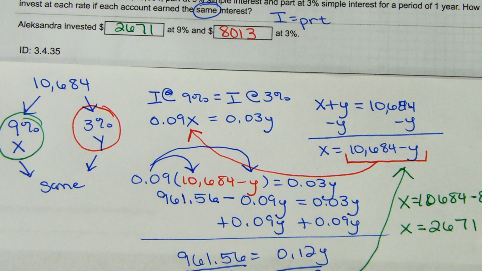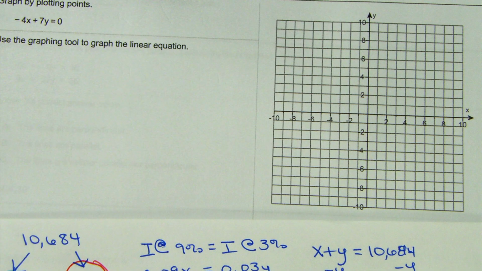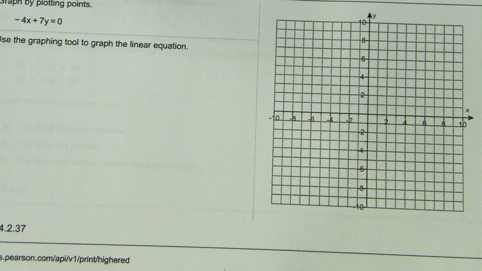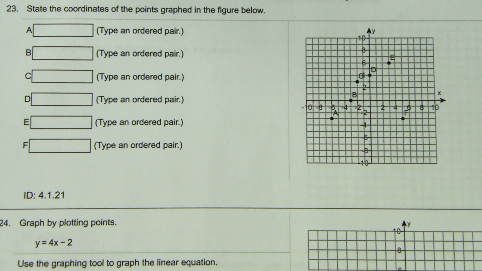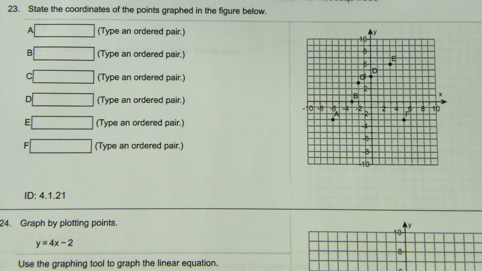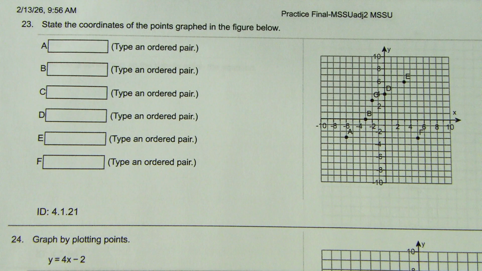You can use the tables from the problems that we did back in chapter 3. If you really like the tables we did in 3.4, you can totally use the table in this problem. But now that we have systems of equations from chapter 9, we actually don't have to use a table. We can just write our equations and do the substitution method in order to solve for this.